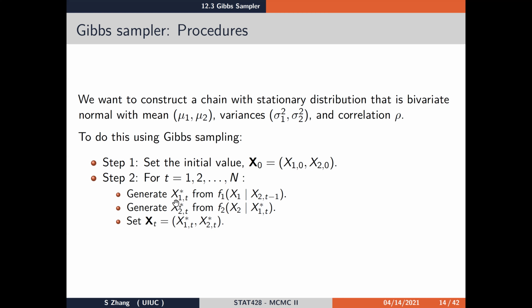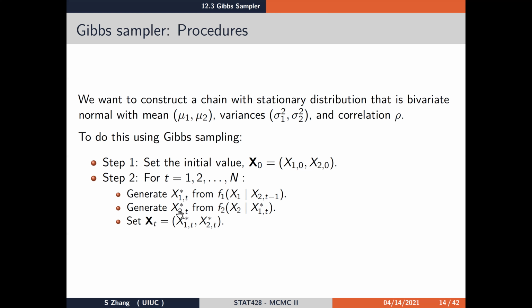We first update the first dimension, x1, by drawing from the conditional distribution of x1 given the current value of x2. The current value of x2 is given by x2 t minus 1, so the x2 sample from the last iteration. And then we will update the second dimension.